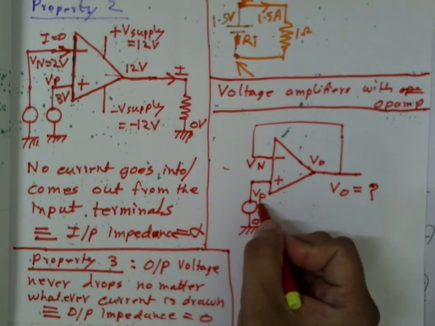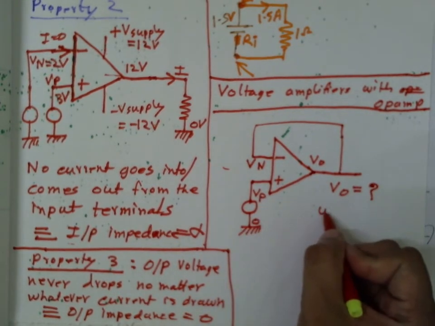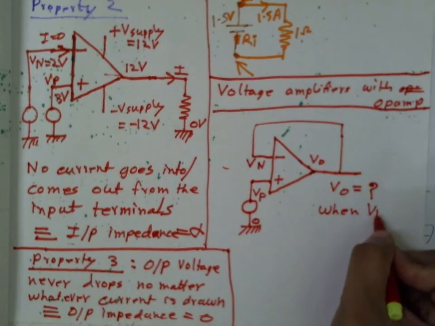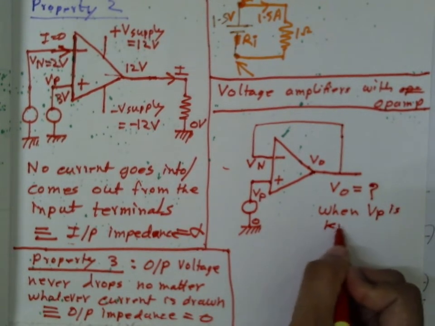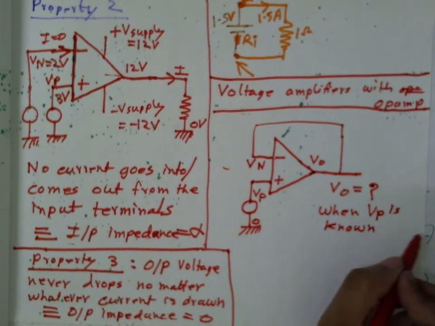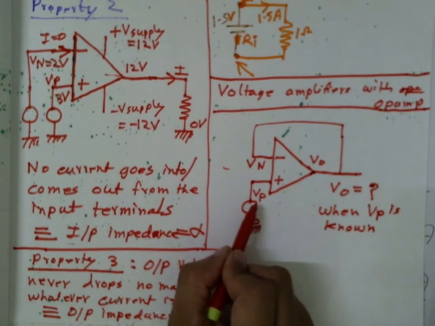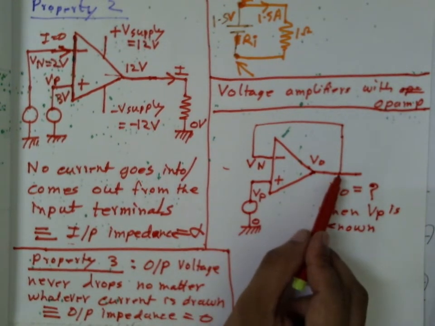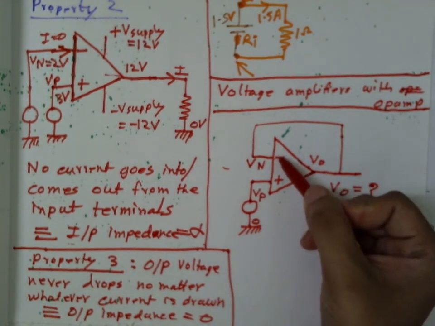Say when Vp is known, okay, when Vp is known or given to us, say I tell you that Vp is 5 volt, tell me what will be the value at this output. But I cannot tell that, because to know the value at the output, I have to compare these two inputs.